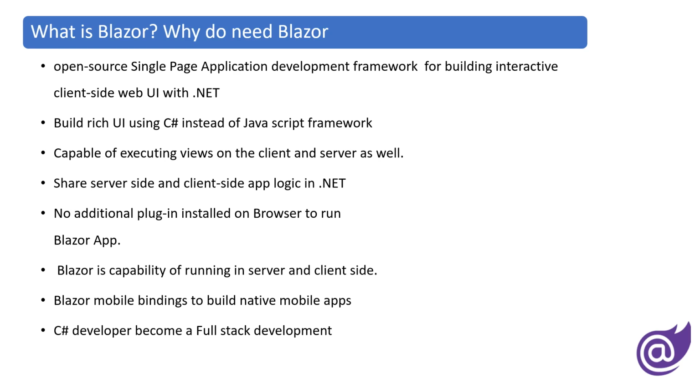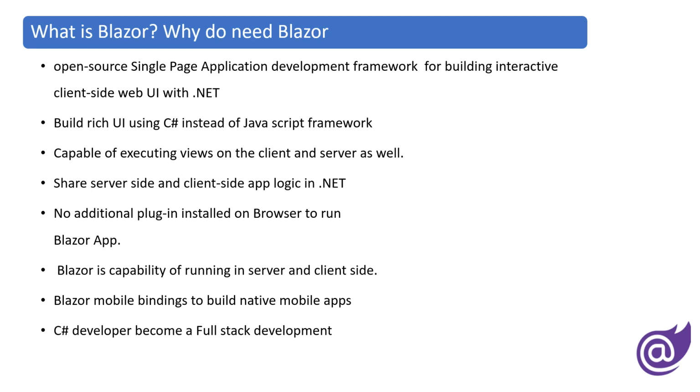And one more main advantage: all the companies maintain two different kinds of resources, with different skill sets. Angular, React.js, or Vue.js on the client side, and some developers with web API, WCF, or other server side technology need server side programming skills.